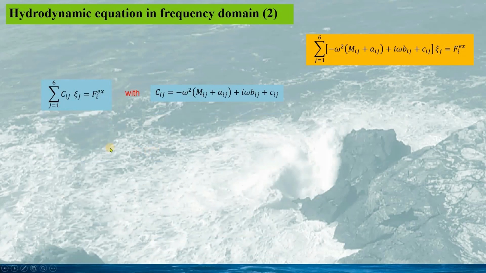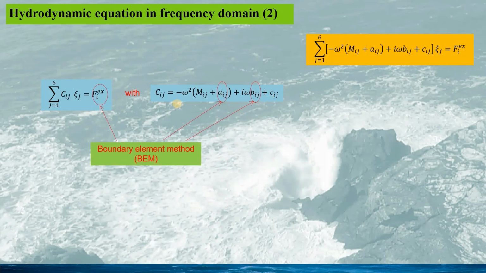The frequency domain dynamic equation can be simply written in this compact form. Here, capital Cij is defined as this.